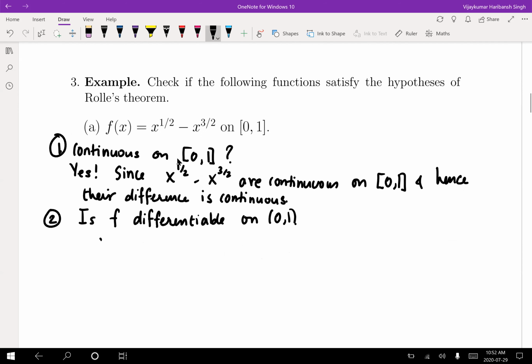So compute f prime of x. What is f prime of x? f prime of x is 1/(2 root x) minus (3/2) root x. So this has to be an open interval, right? This is an open interval.